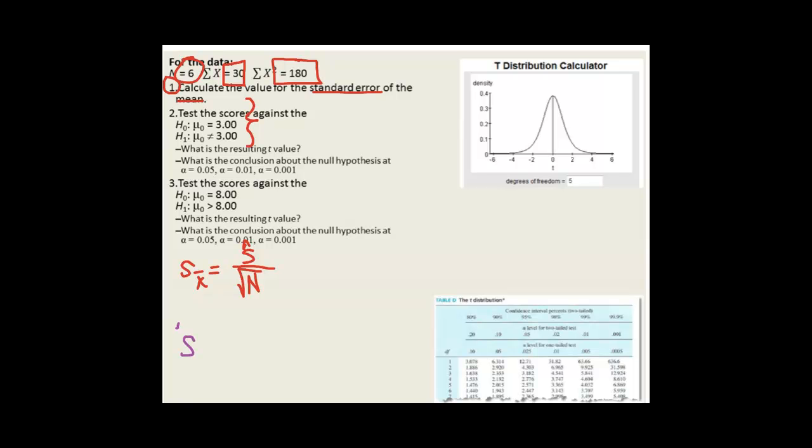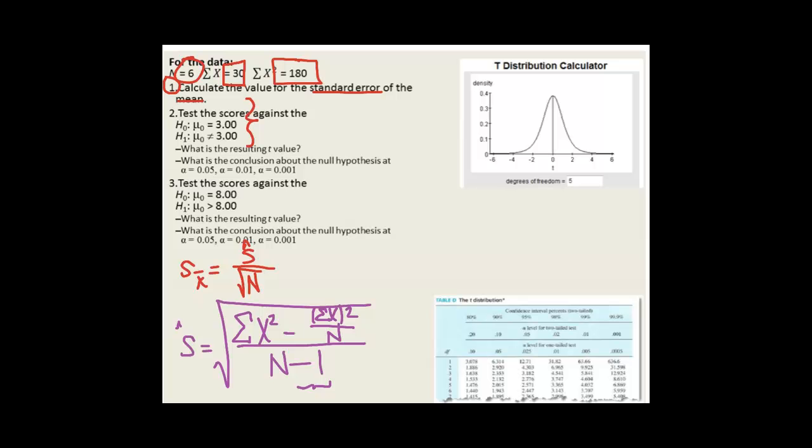S hat, from several chapters ago, is found by taking the sum of the squared values and subtracting the quotient of the sum of the values, quantity squared, divided by n, all over n minus 1. This minus 1, remember, is what makes this a predicted standard deviation and not an actual standard deviation.